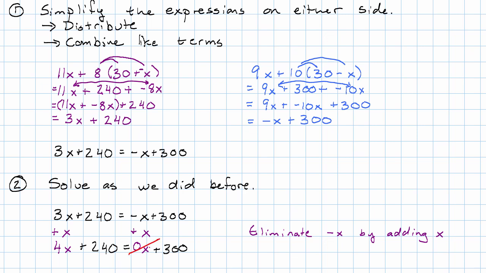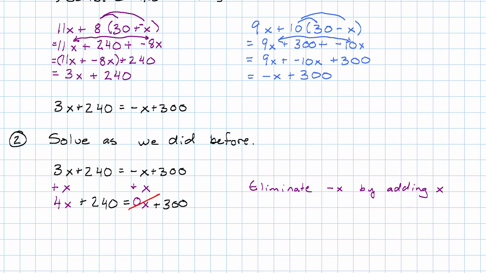And 0x is just 0, so I'm not going to write that term. Next, I want to eliminate 240. And I can think of this move as subtracting 240 or adding negative 240.